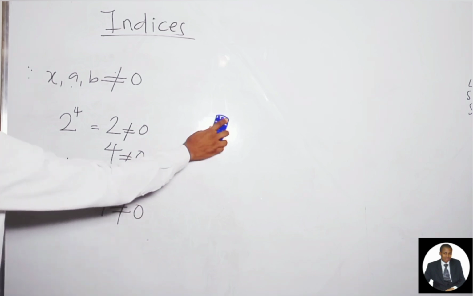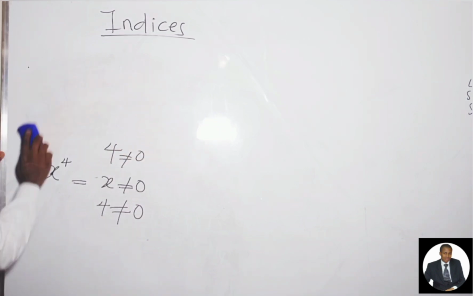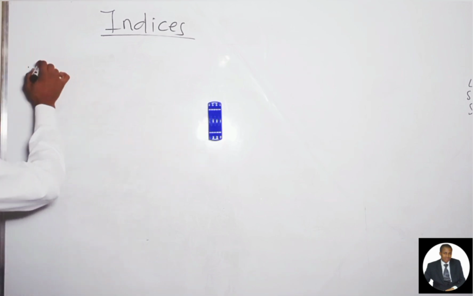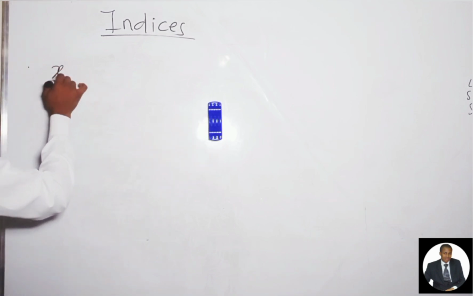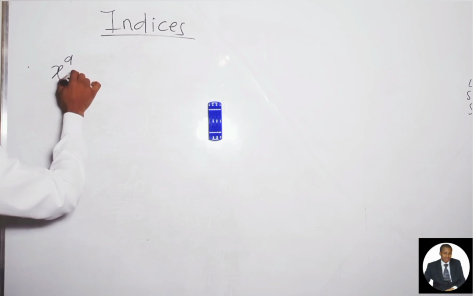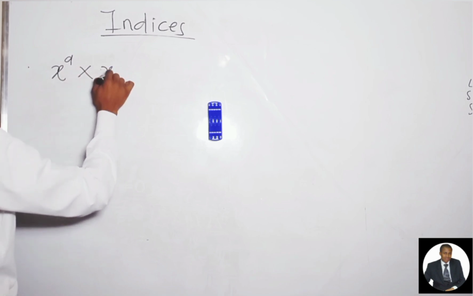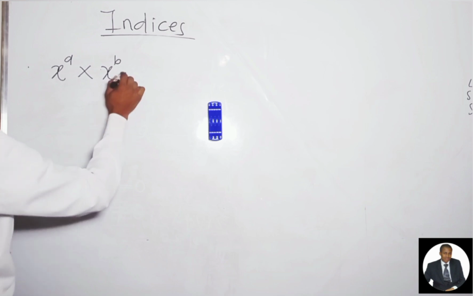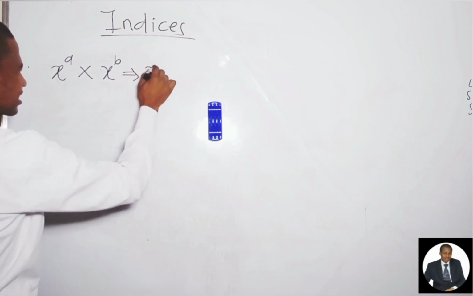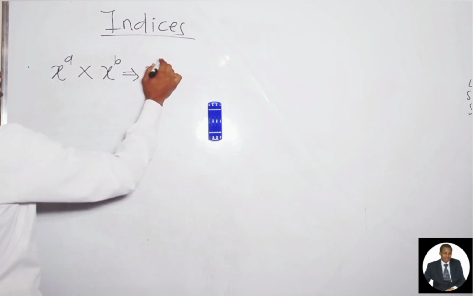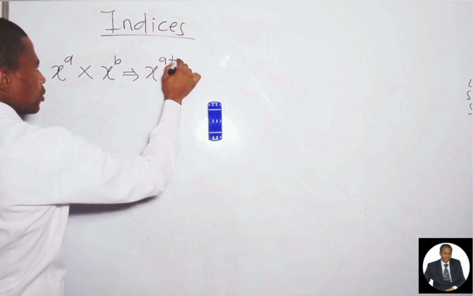So the first law is the multiplication law. If we have x raised to the power of a, times x raised to the power of b, what this will give us is x, if they have the same base, the same integer, raised to the power of a plus b.